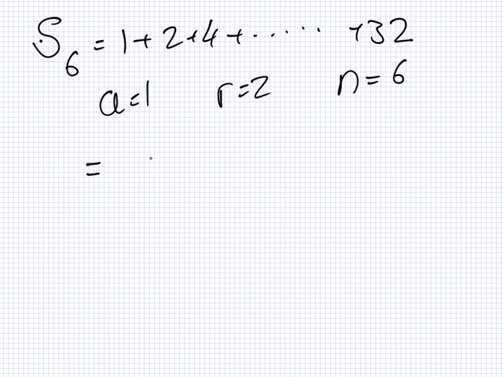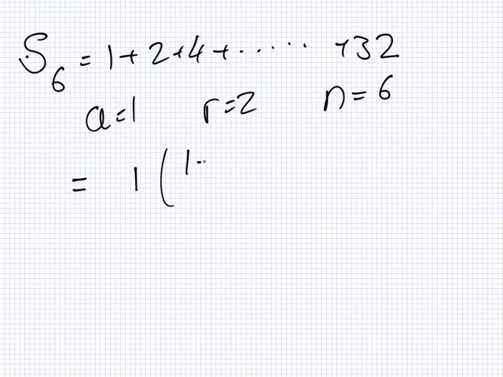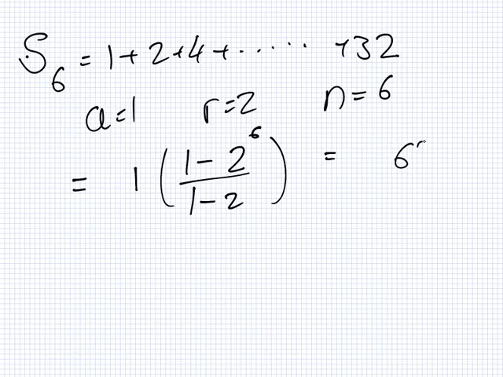It's a(1 minus r^n) over 1 minus r. 2, 4, 8, 16, 32, 63? 63 seems to be the answer.